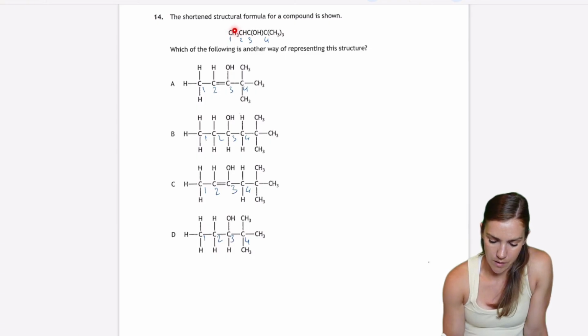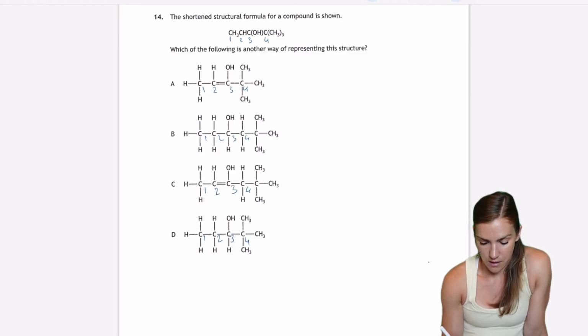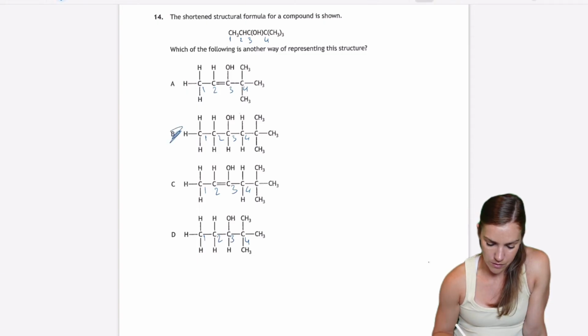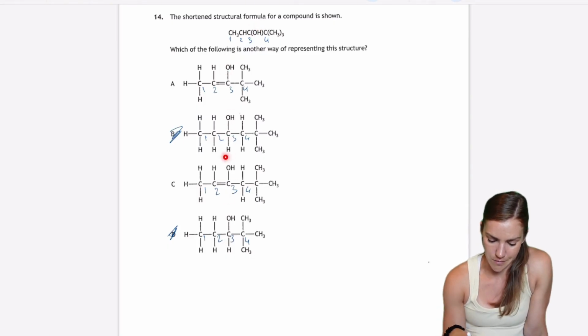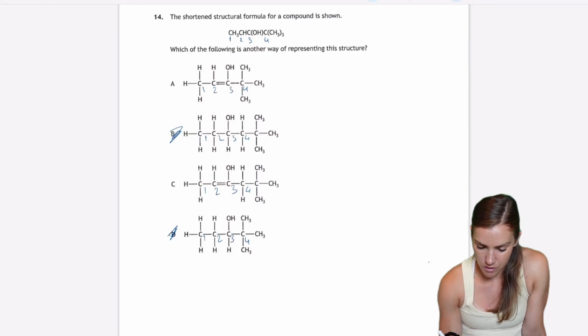So the first carbon should have 3 hydrogens on it. That's the case in all of them, which doesn't really help us rule anything out. Carbon 2 just has 1 hydrogen on it. If we scan down, we can see that B and D don't match that. They've got 2 hydrogens on it, so it's not going to be B or D. Then carbon 3 has a hydroxyl group on it, so if we scan the 2 that are left, they both have hydroxyls on carbon 3, so they're still both potential answers.